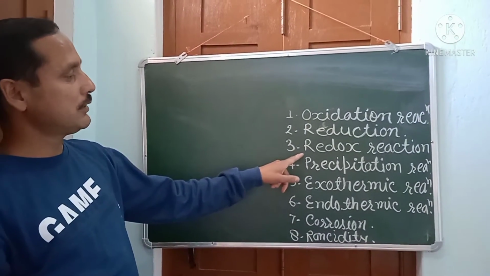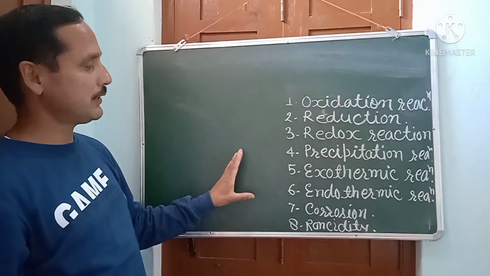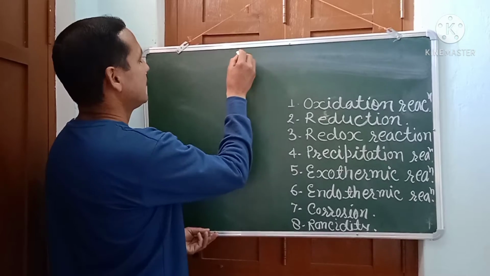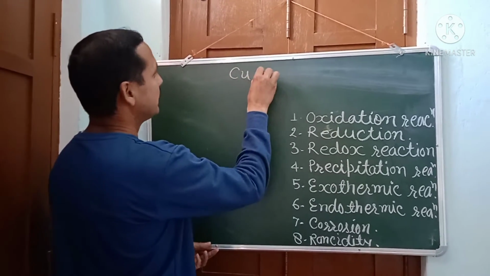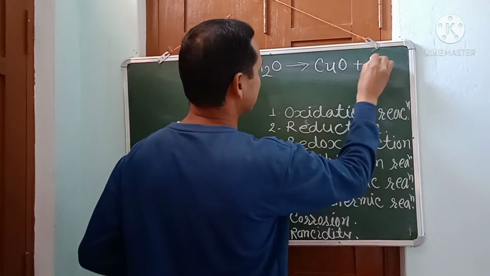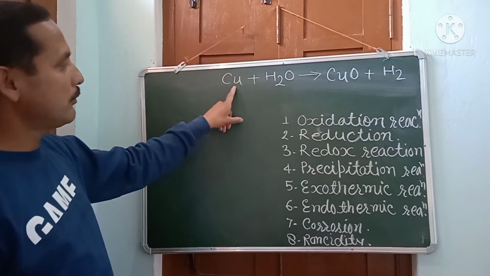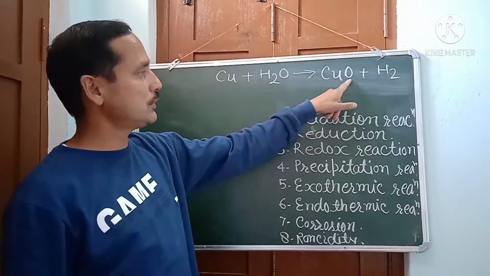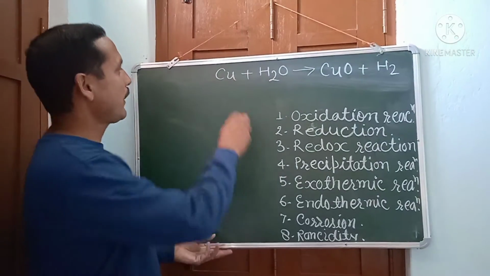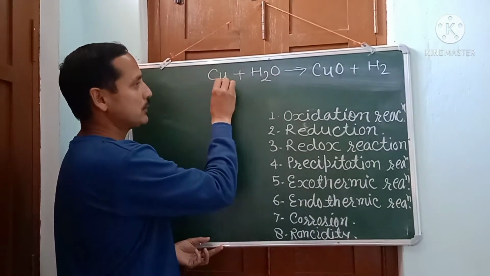Now third is redox reaction. Any reaction in which oxidation and reduction both occur simultaneously is called redox reaction. Let us have an example: Cu plus H2O gives CuO plus H2. In this example, we can see here is only copper, but here CuO, which shows oxygen has been added to Cu, and so this element has gone to oxidation.